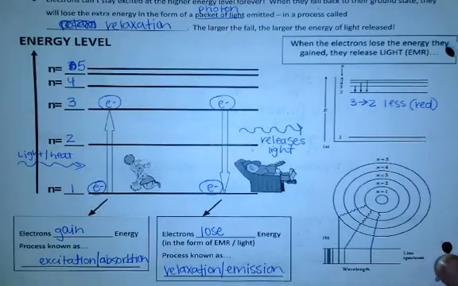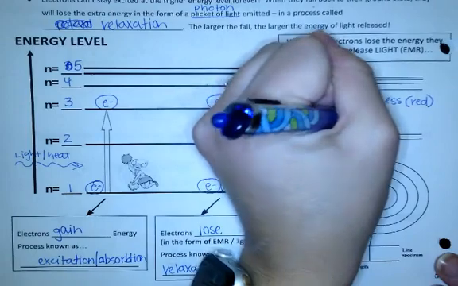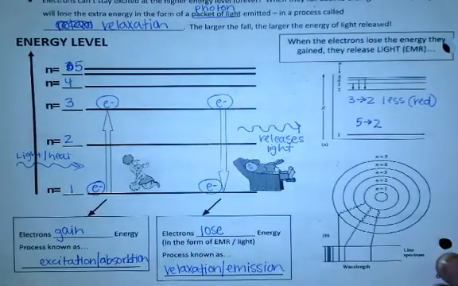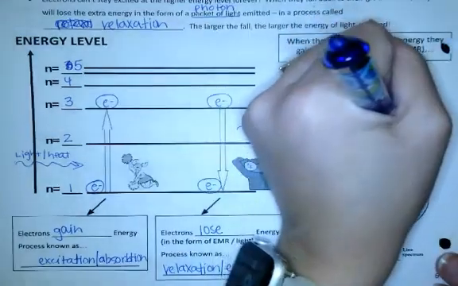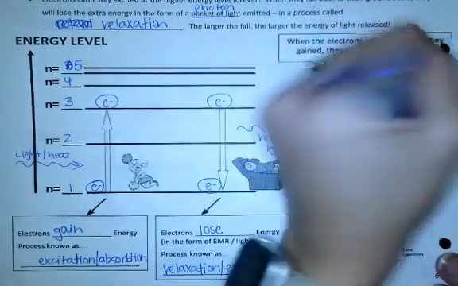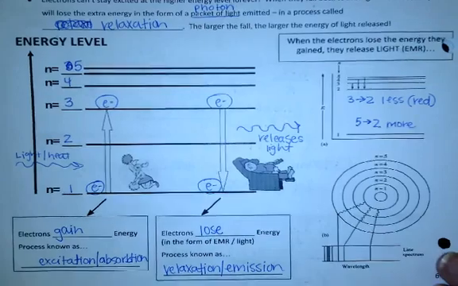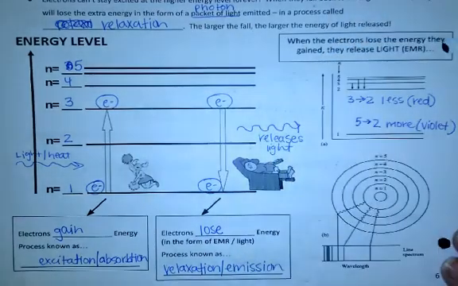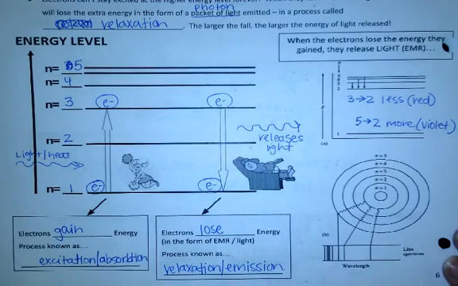Now, if we go from energy level 5 to 2, so say it jumped up to energy level 5 and dropped back down to 2, this is going to release more energy because there's a bigger difference between those two, and we may see this in the form of violet light. So the more energy levels that are jumped, the shorter the wavelength that's emitted, because remember, the shorter the wavelength, the higher the energy.